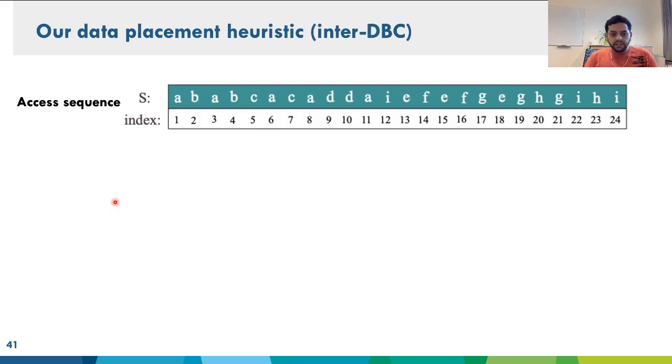Again, we take the same memory trace from the previous slides, but now we include the timing information. The index here shows the timing of how the variables were accessed in the trace. For instance, A is accessed at some time instant which is less than the time instant of B. That means A is accessed before B, and then B is accessed before the second access to A, and so on.